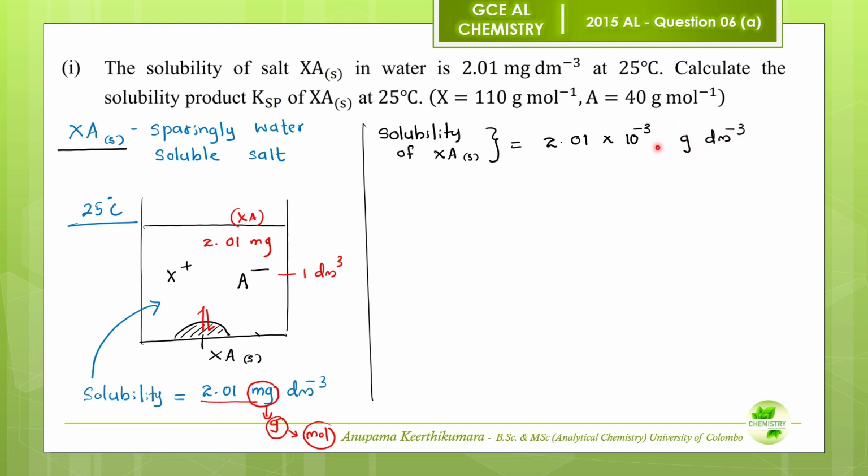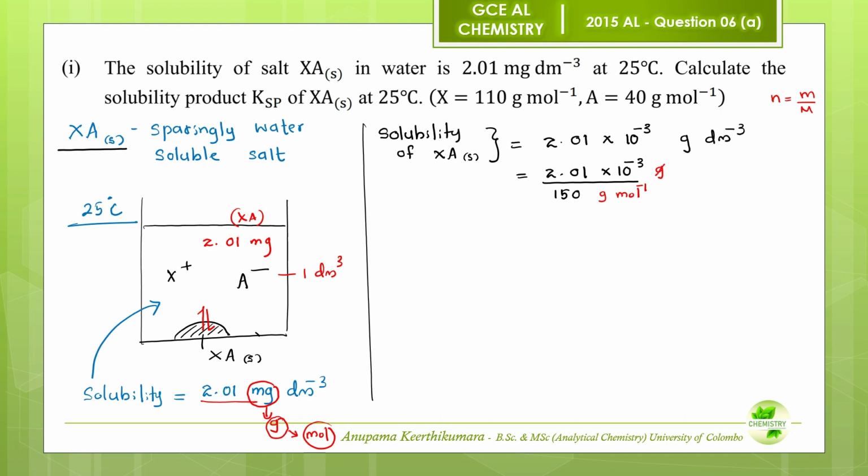Now, this gram value should be converted to moles. There's an equation: number of moles is mass divided by molecular mass. Therefore, this mass should be divided by the molecular mass of XA. 2.01 times 10 to the power negative 3 grams divided by the molecular mass, 150 grams per mole.